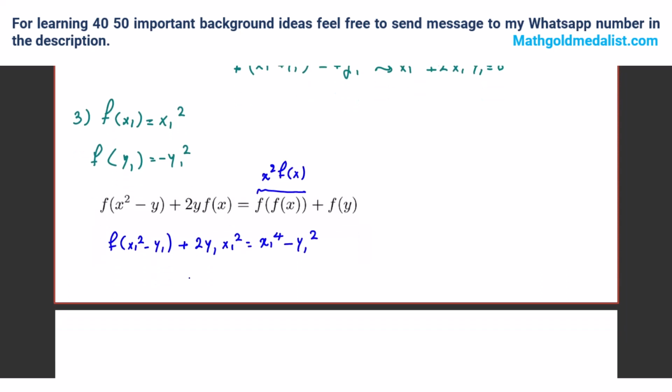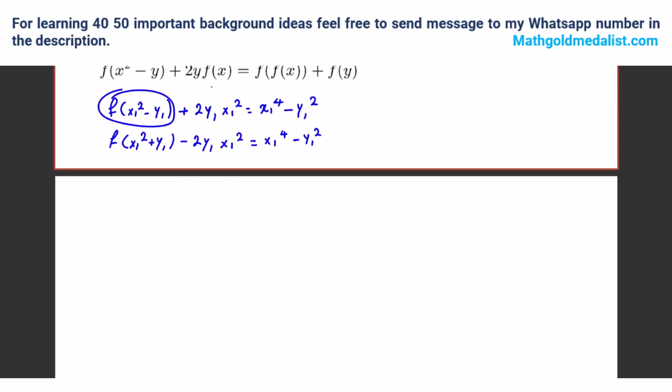And also we can say f of x1 squared plus y1 minus 2y1. Here we consider x1 and negative y1. X1 squared is equal to, again, x1 to the 4. F of y1 and f of negative y1 are equal, so both of them will be negative y1 squared.